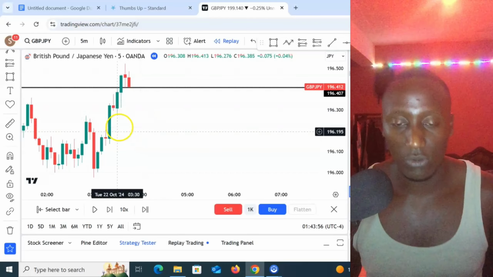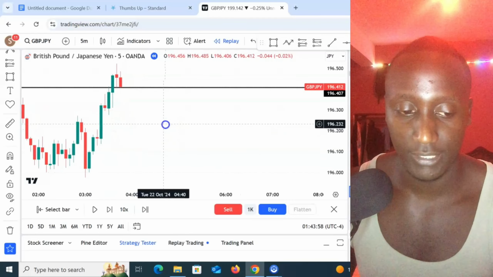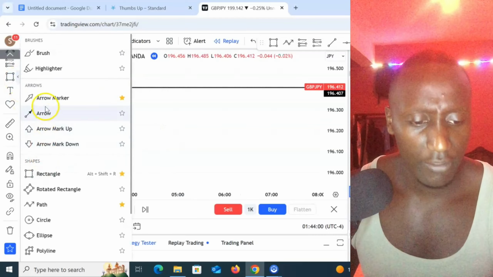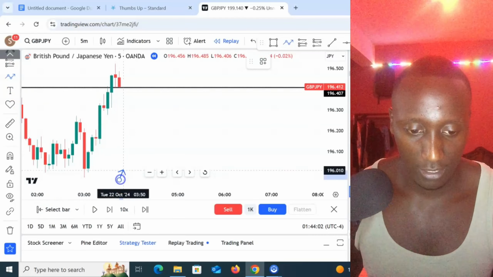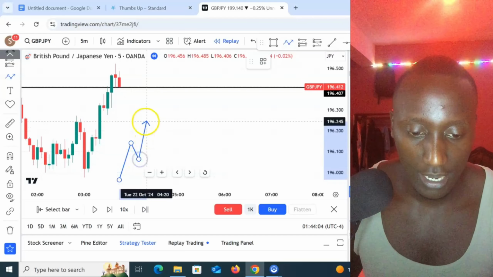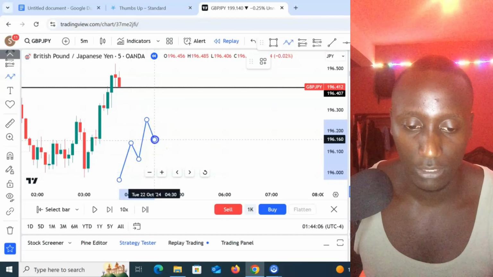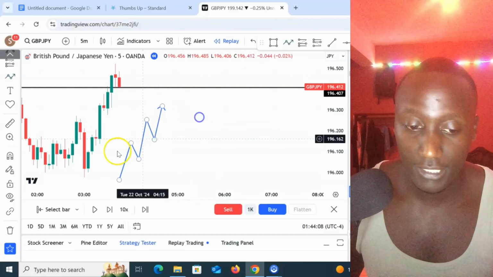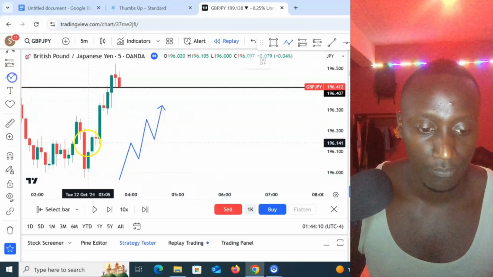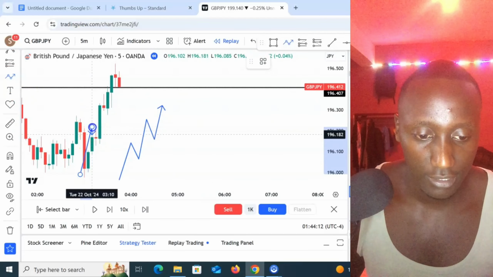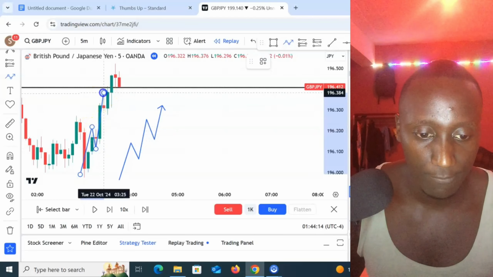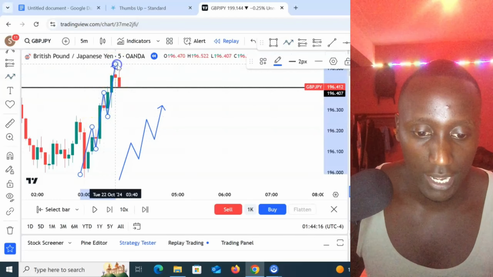All right, now let's talk about price movement. So if we are in an uptrend, price will always be creating higher highs and higher lows like that. And it's the same thing that has happened here. Price goes higher, gives us a low, goes higher, gives us a low, has gone higher.